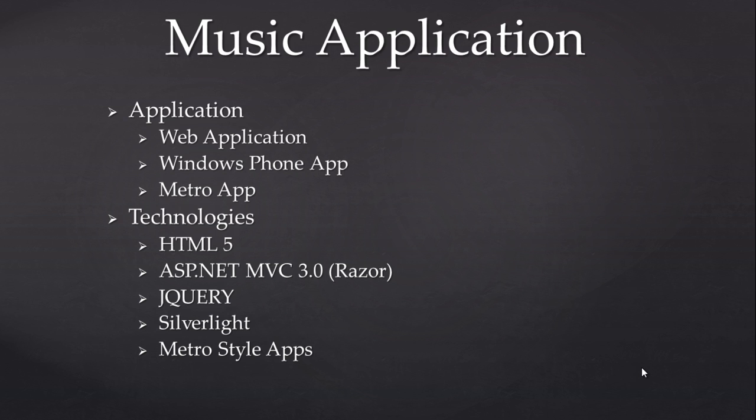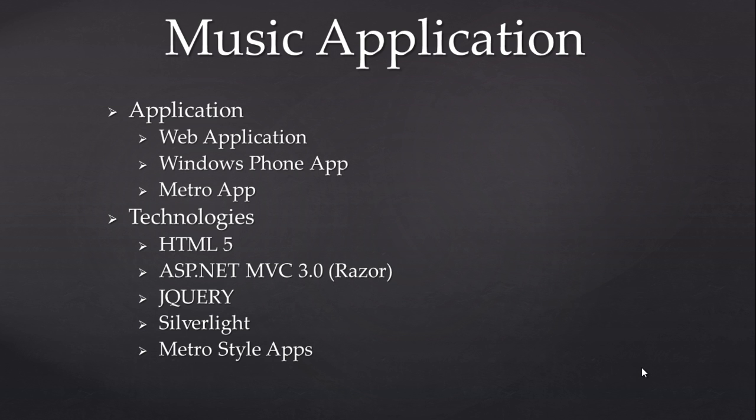First is web, Windows Phone, and metro style application. To create this application, I'm going to use different technologies: HTML5, ASP.NET MVC 3.0, jQuery, Silverlight, and the metro style apps SDK. So we're going to use all these things to create the music application.